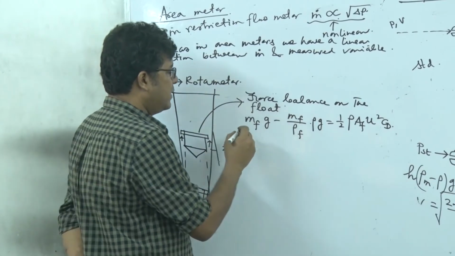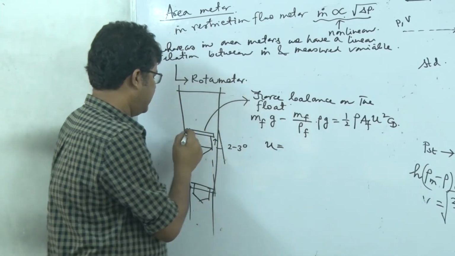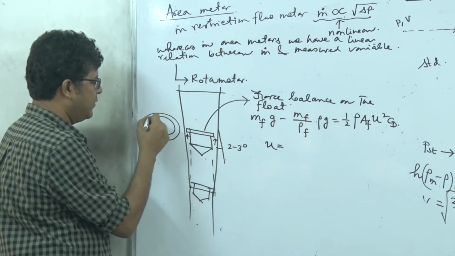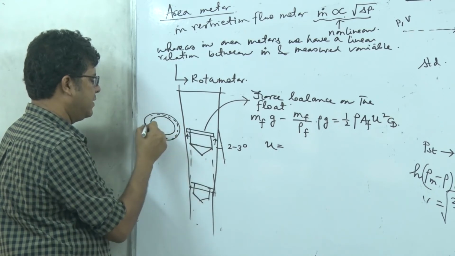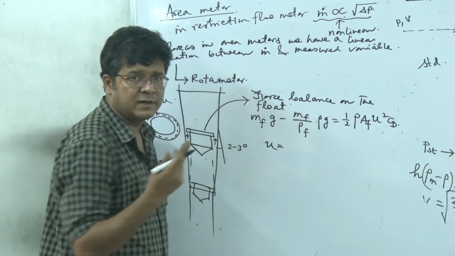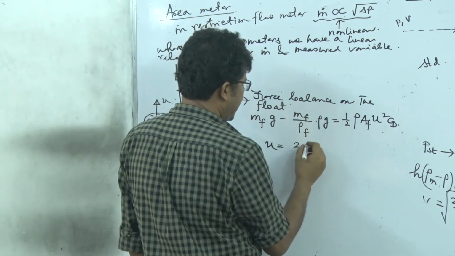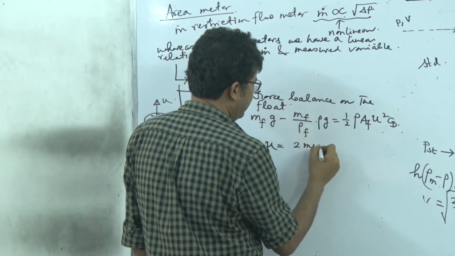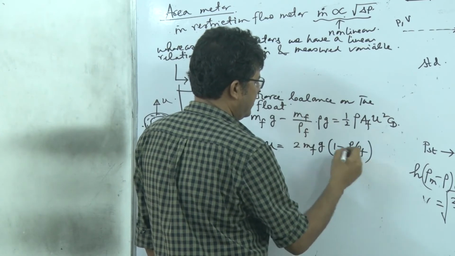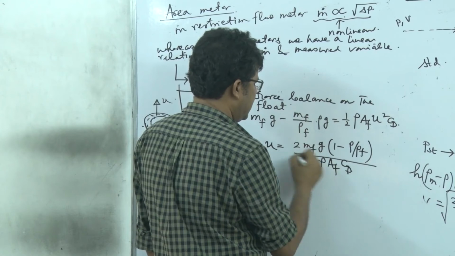Now, under equilibrium position, this U, the fluid velocity over this annular region, like if I think of this cross section, let's say this is the float. So in this annular region, the fluid will flow and it has got a velocity U, right? We consider uniform velocity here. So U is the square root of 2 mf g (1 minus rho by rho f) divided by rho into Af into CD.